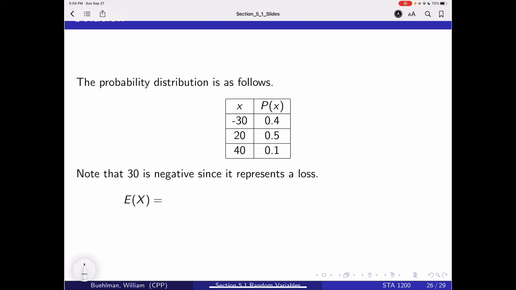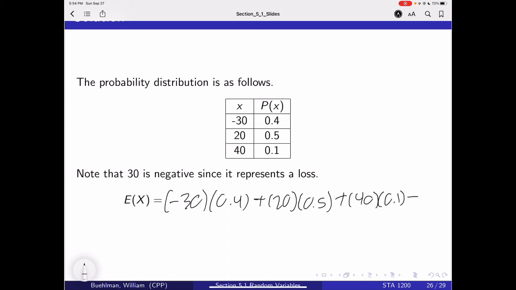The expected value of x is going to be negative 30 times 0.4 plus 20 times 0.5 plus 40 times 0.1, which is equal to 2.0. So again, remember, we're just calculating the mean. So this is an expected gain, since it's positive, of 2 million.